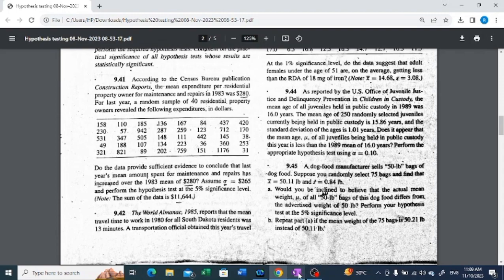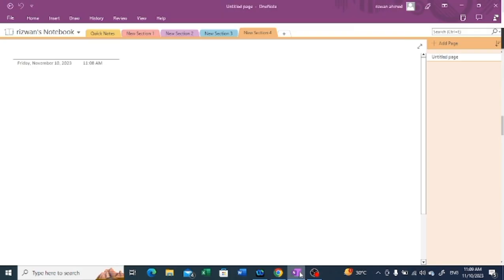So now I'm going to first note down the data. 9.45 is the question, 75 is the sample size, 50.11 is the value of X bar that we are given, and the standard deviation of the sample is given as 0.84.